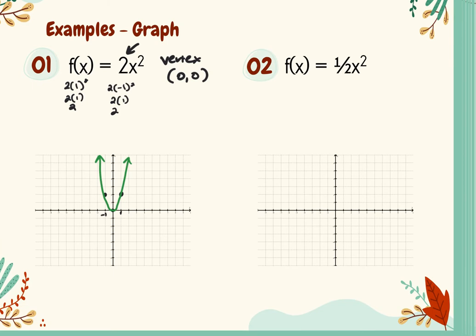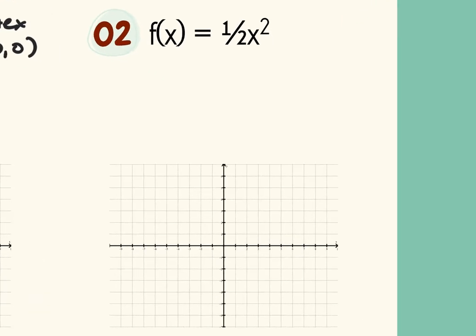So if I were to do number 2, is there any horizontal or vertical transformation? Am I moving right or left or up or down? No. Okay. So I know my vertex is again at 0, 0. And if I plug in 1, I get 1/2 times 1 squared. 1 squared is 1, and I get 1/2.